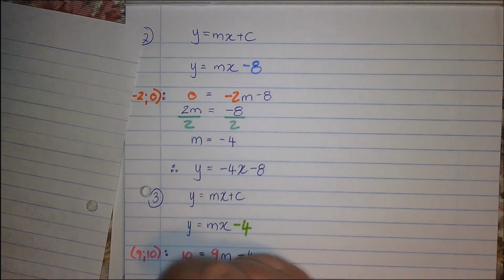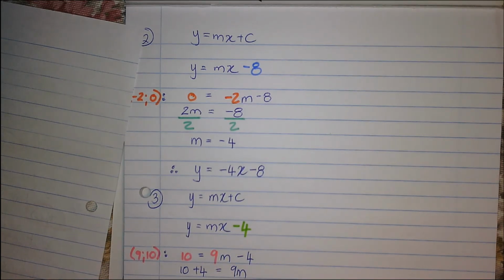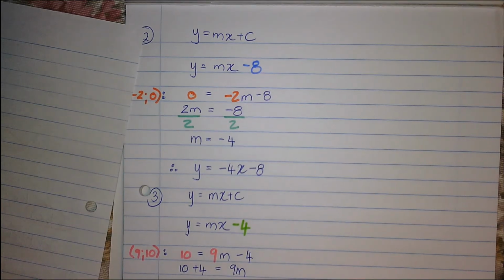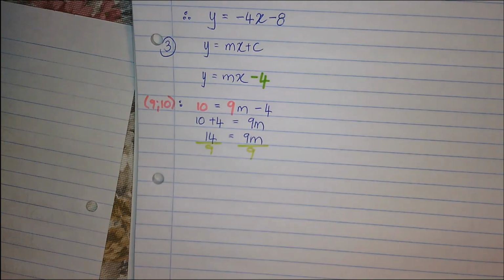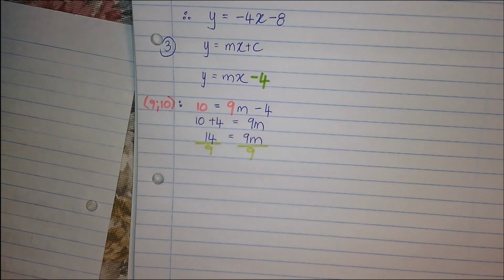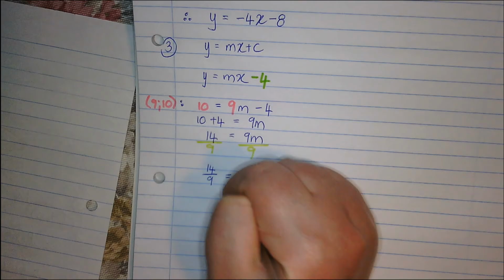I'm going to take the negative 4 over, it's going to become positive. That gives me 14 equal to 9m, and we are going to divide by 9 on both sides to get m alone. Apologies for that. 14 equal to 9m, divide by 9 on both sides. That gives me 14 over 9 equal to m.